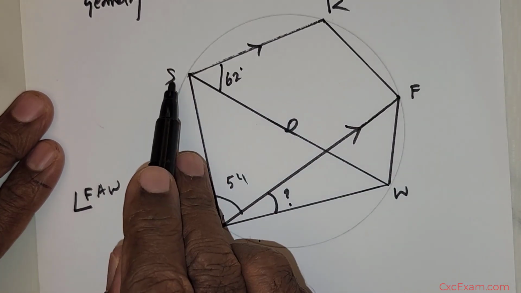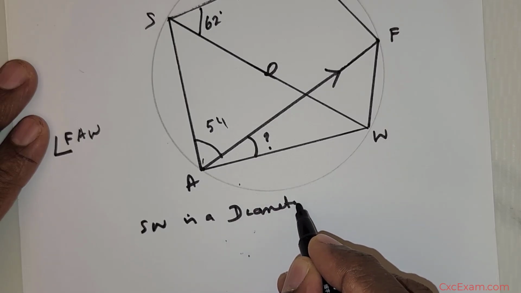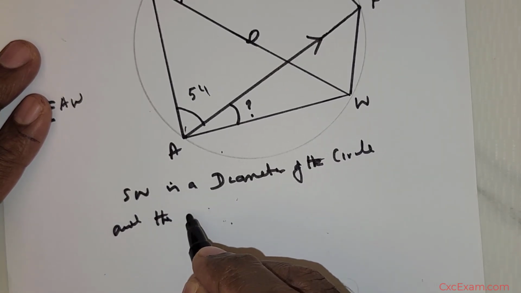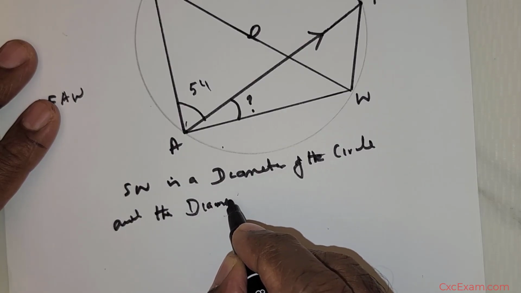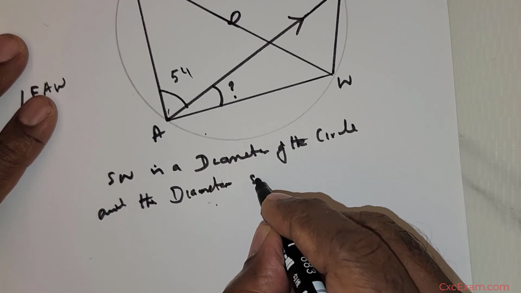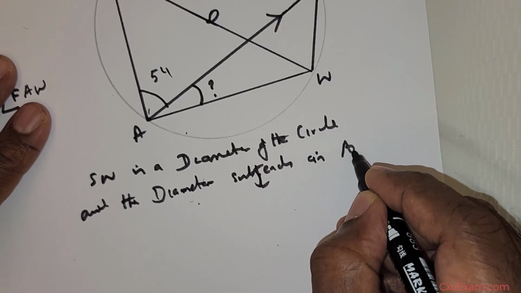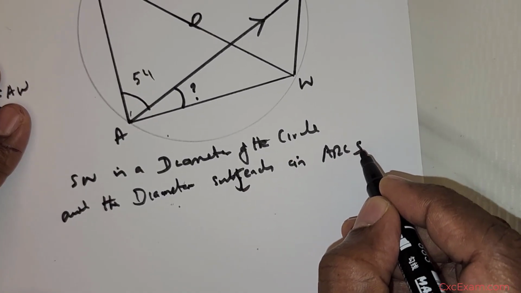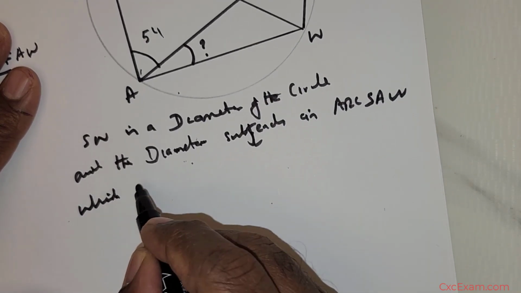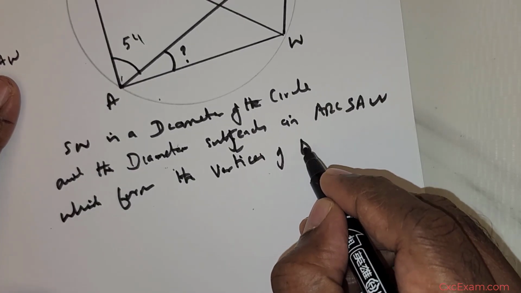Now this is a very important point of observation. I'm going to state it. Now you see this SW is the diameter of the circle, and the diameter subtends an arc SAW, which forms the vertices of triangle SAW.